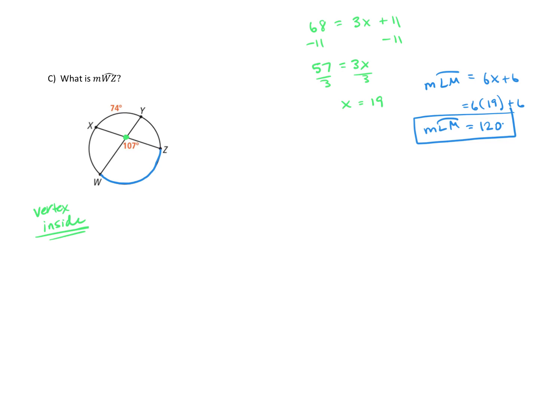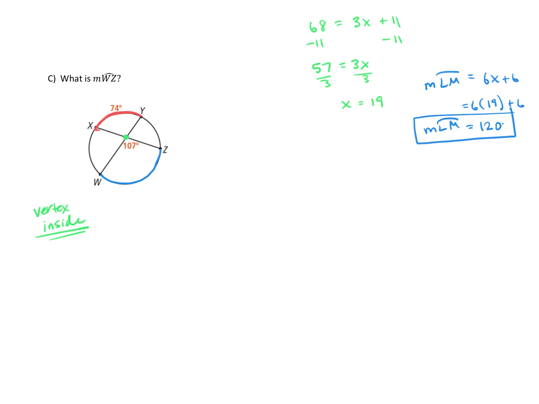So we want to know what other arc is associated with this angle. This is what we would actually call a chord angle. It's an angle formed by two chords. If we follow out this direction, that's arc WZ. If we follow the other direction, we can see it's intercepting arc 74. So that is the other arc that we're going to use.